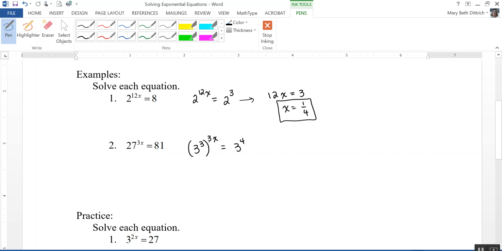And here I have a power of a power, so that's the same as 3 to the 9x equals 3 to the fourth. And now that my bases are set the same, I can just make my exponents equal to each other. So 9x equals 4, and dividing by 9, x equals 4/9.